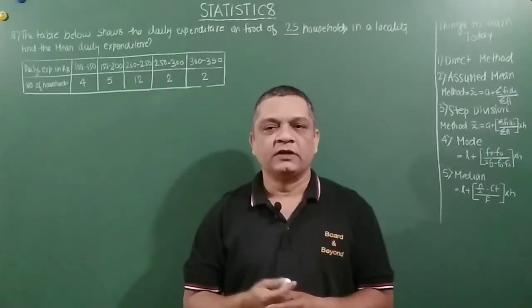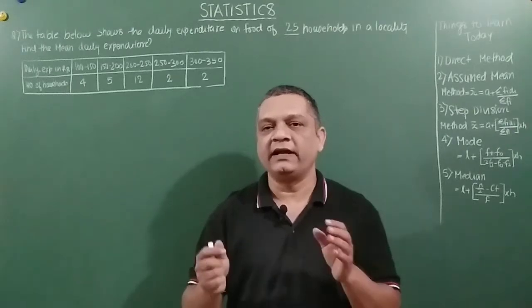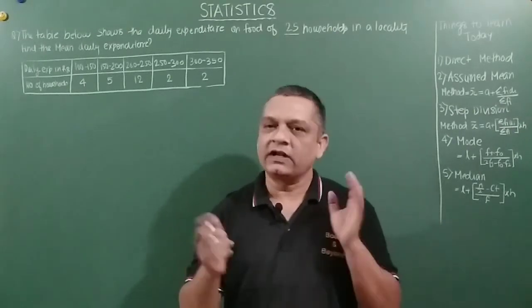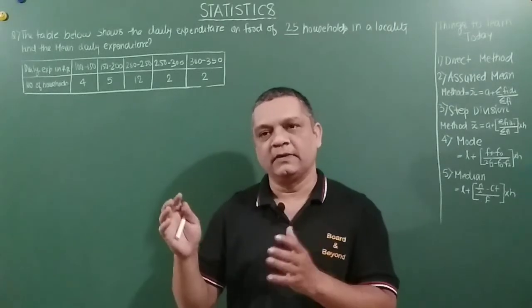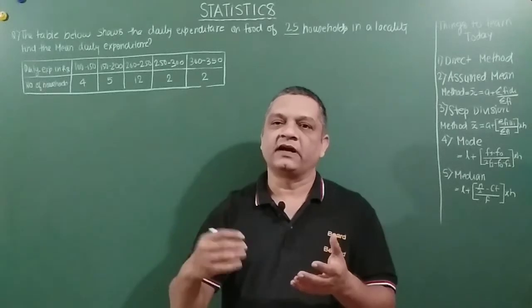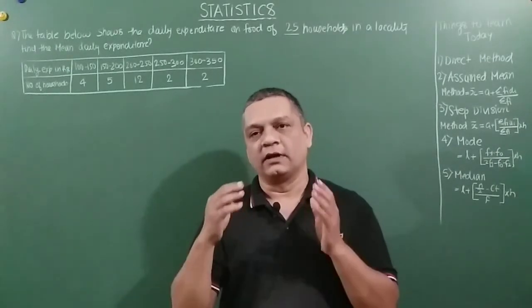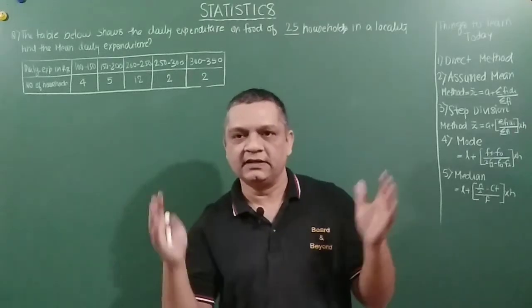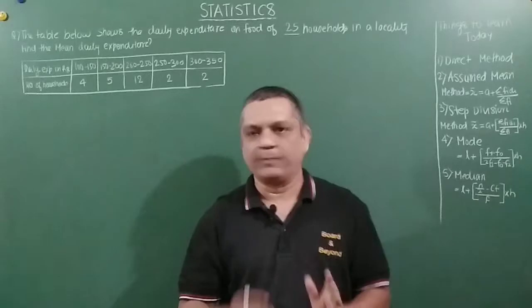So what I have done here is, let me first take up a sum, and then during the sum I'll explain the process of arriving at the formulas for taking out a mean for grouped data by these three methods: direct, assumed mean and step division method.